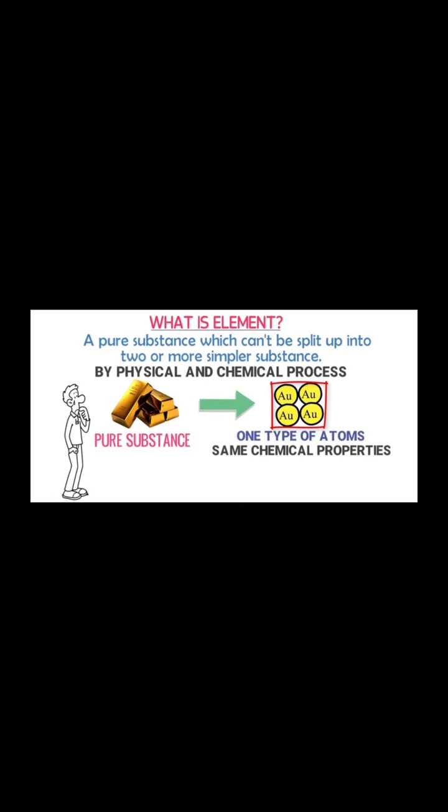That's why in the definition it is said that we cannot split up an element either by physical or chemical process. Element is known as pure substance because it is made up of only one type of atoms.